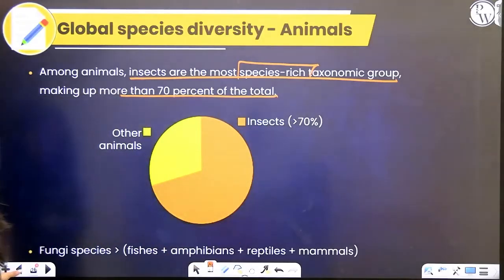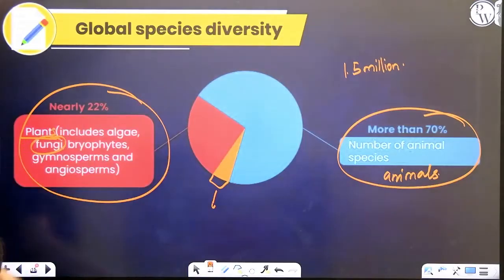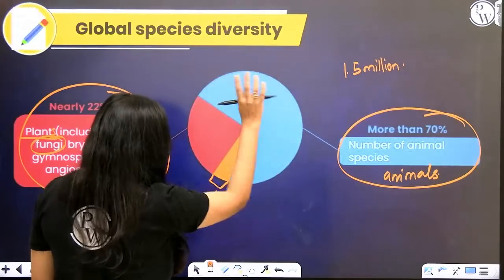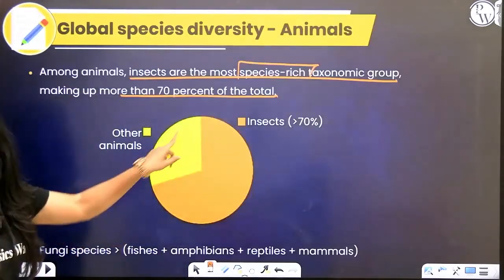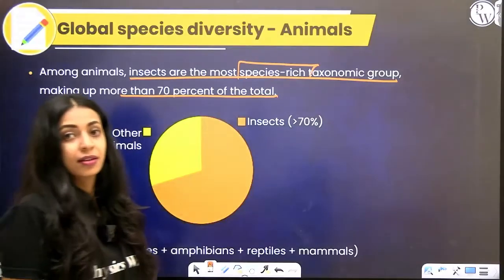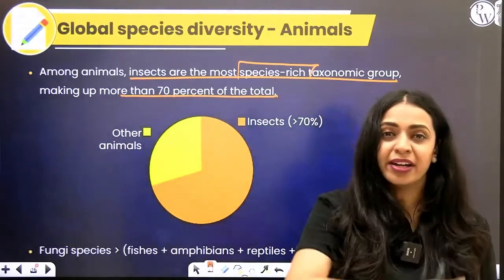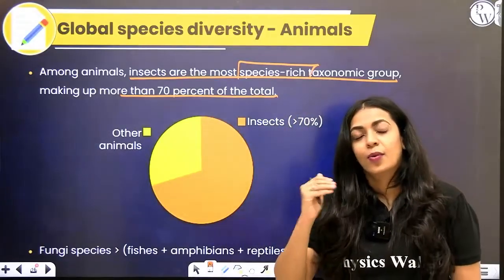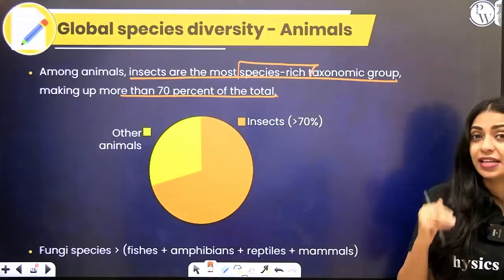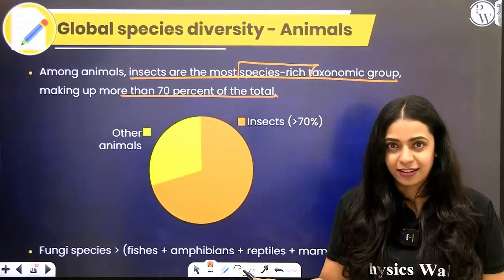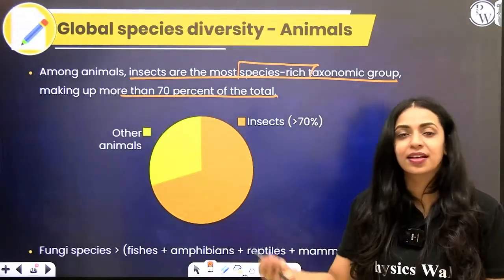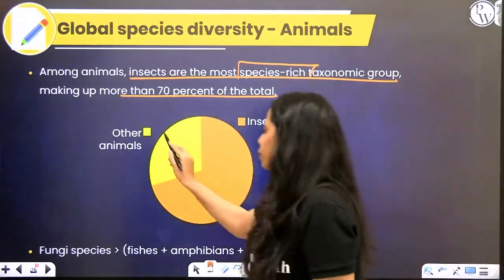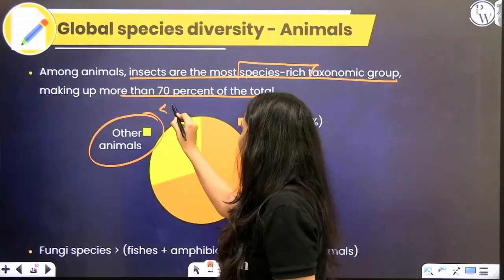If you see here, we are saying that 70% of 1.5 million is animals. Now, if you consider animals alone, among animals, insects occupy more than 70%. Now, what does that mean? 1 in every 7 animals that you see is going to be an insect. 1 in every 7 animals is an insect. That is insane, because that is how diverse insects are, right? So, all of the other animal groups will be under 30%.